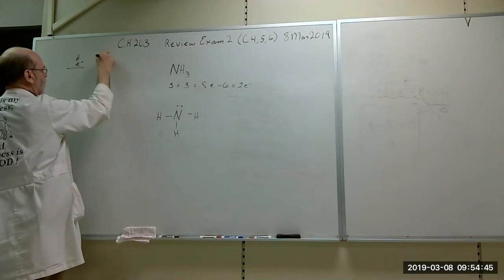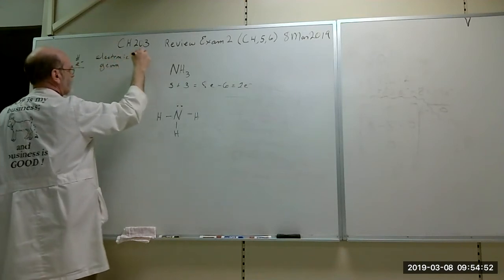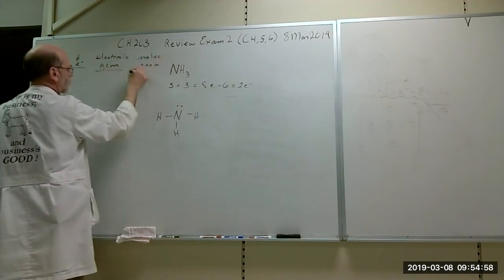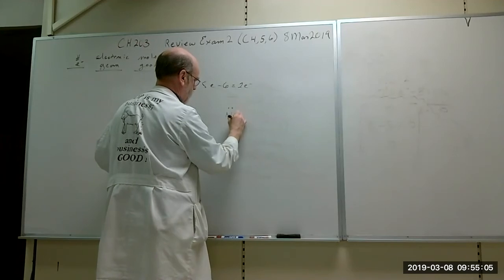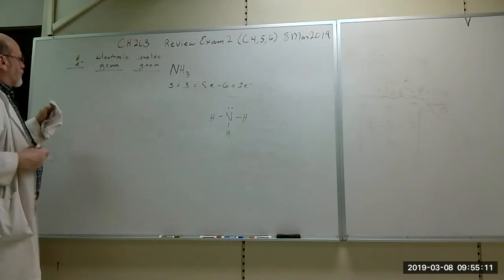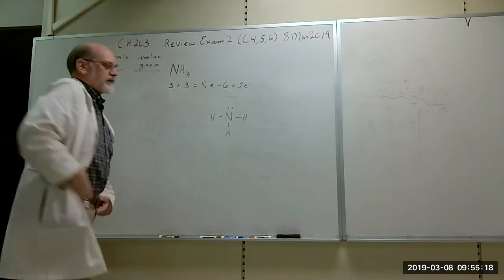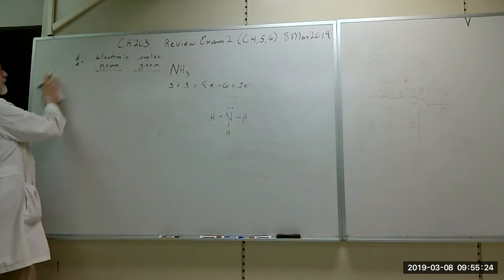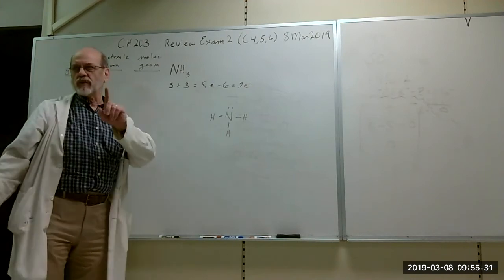Then we go back to the number of electrons, then the electronic geometry, and then the molecular geometry. Okay, so the number of electrons that are around the central atom, and it's actually not the number of electrons, it's the number of electron groups, because if we have double bonds, we count that as 1 group, right?